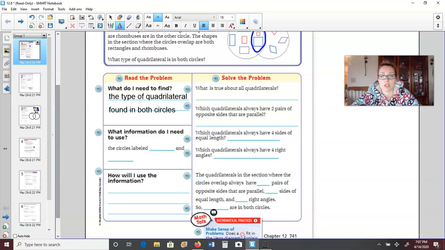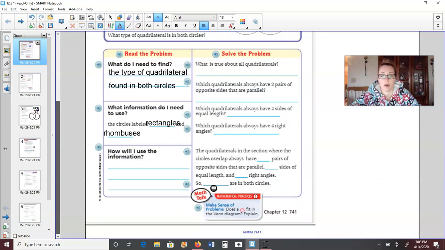What information do I need to use? Well, we need to use those two circles, the circles labeled rectangles and rhombuses. Okay, so we need to use those two parts of our Venn diagram in order to solve this problem. How will I use the information? So we're going to make comparisons.